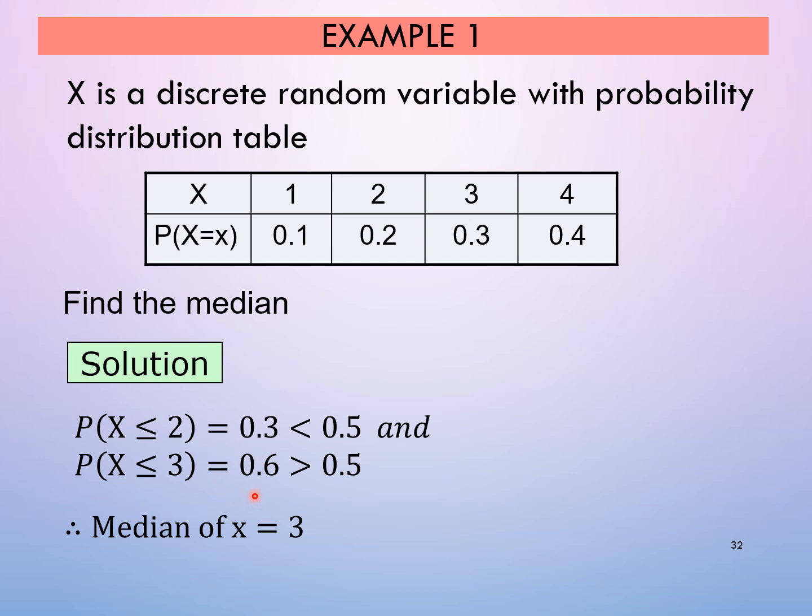Now this 0.6 is greater than 0.5, which satisfies the definition just now, which states that one of the values must be below 0.5 and one must be above 0.5. So we can conclude that the median of x is equal to 3.